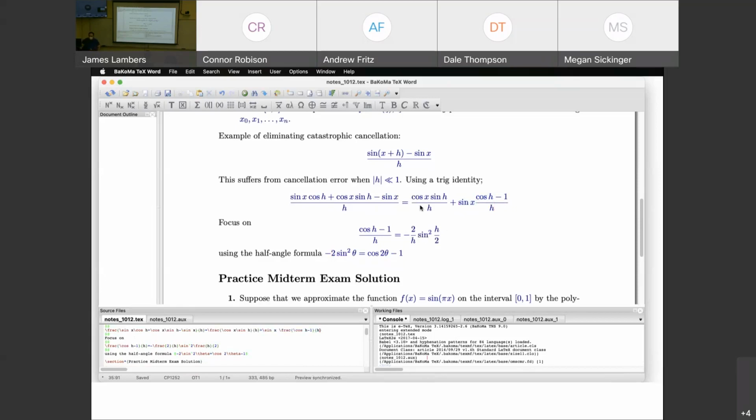So for a trigonometric expression, consider using trig identities to deal with cancellation error. And if not, then use your algebraic tricks: conjugate, common denominator that came up in the homework, things like that.